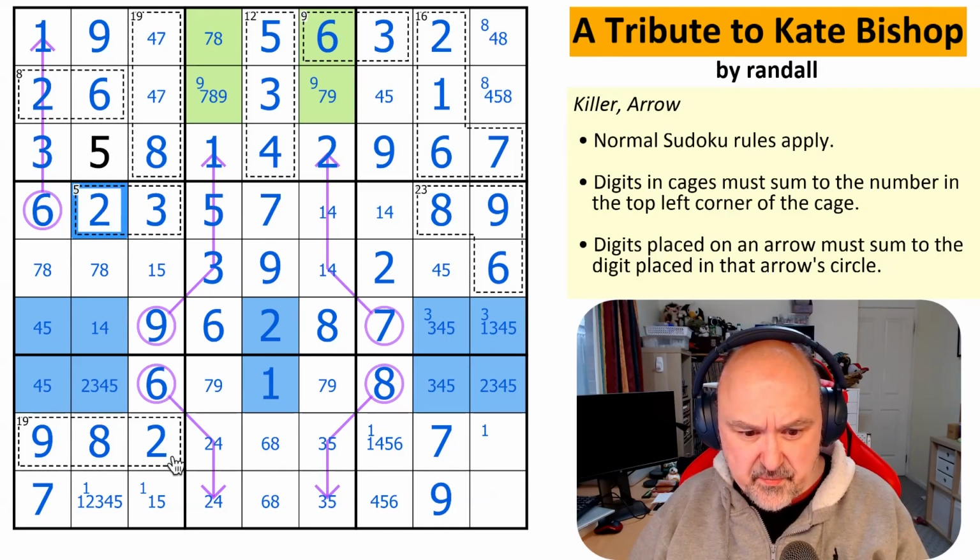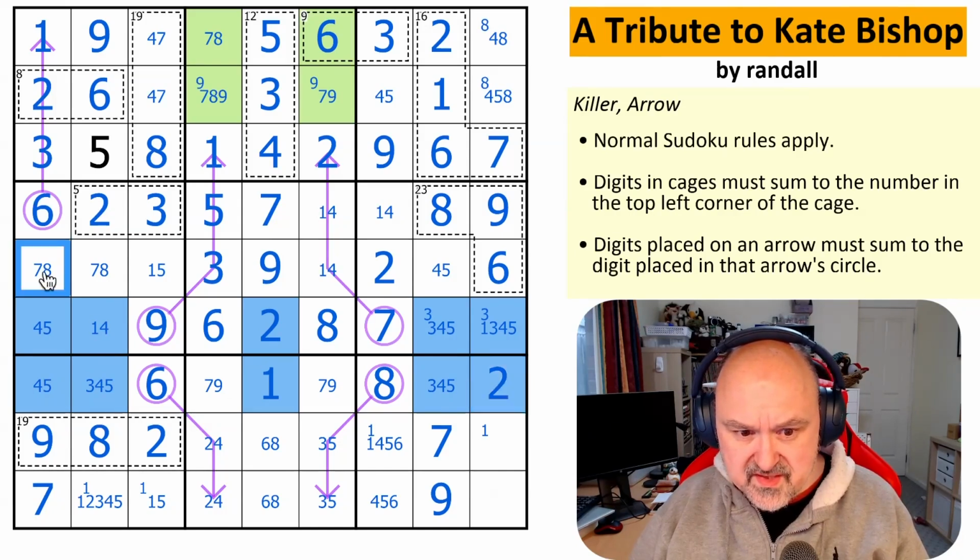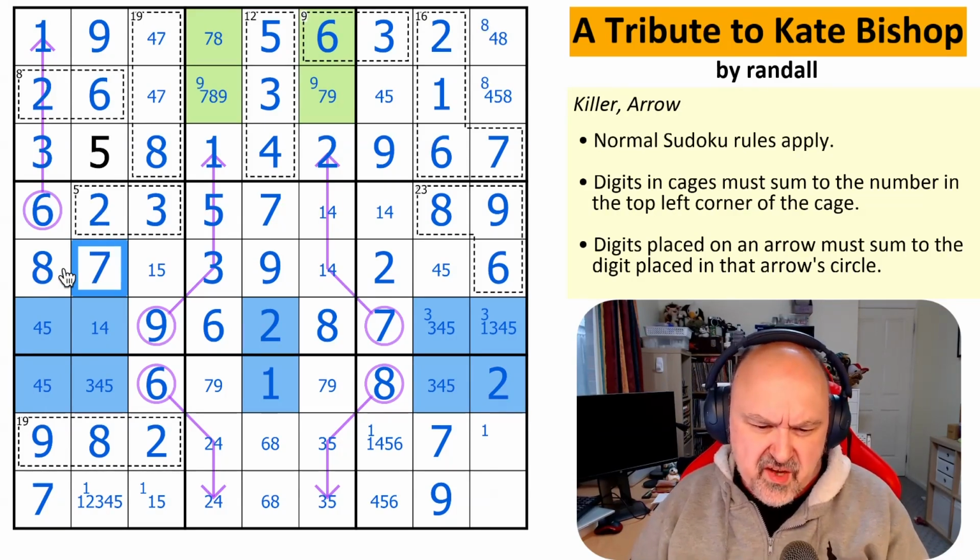That has to do something. There's no 2 there. So that's now 3, 4, 5, so that's a 2. That's an 8 and that's a 7. Wow, this is tricky.